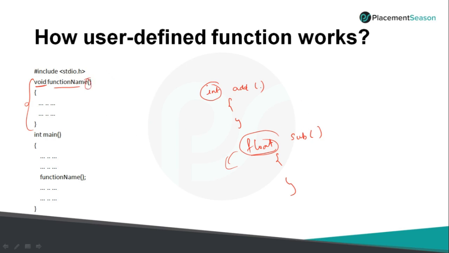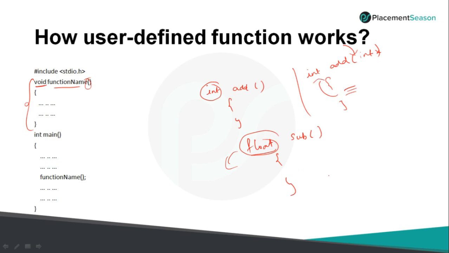In this example, that is int add, inside the brackets we have not given any parameters. It means that this function is not going to receive any input from the main function. Instead, if you give int add with int X, it means that this function is going to receive an integer type from the calling place, and after performing some work, it is going to return another integer type.